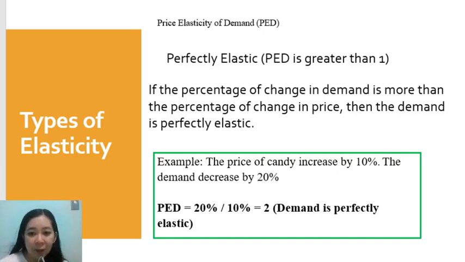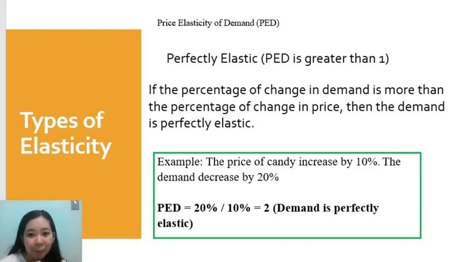The price of candy increased by 10%, so the demand also decreased by 20%. Here, our coefficient is equal to 2, which is now greater than 1. Because of that, we will consider the demand as perfectly elastic.